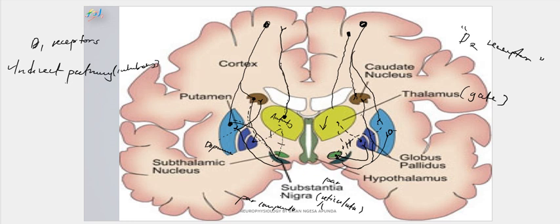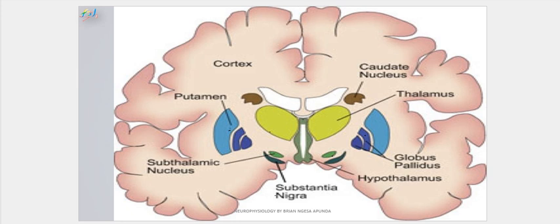So lastly, we have another very important pathway. We've said that we also have another important pathway by the name hyperdirect. This is the third pathway, the hyperdirect pathway. We said that the direct pathway normally enhances movement, and the indirect normally inhibits movement.